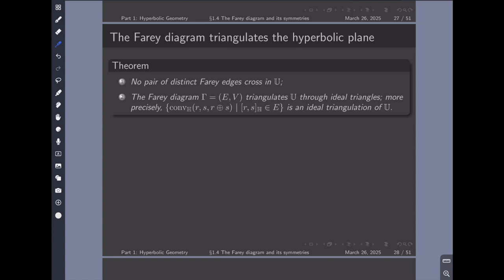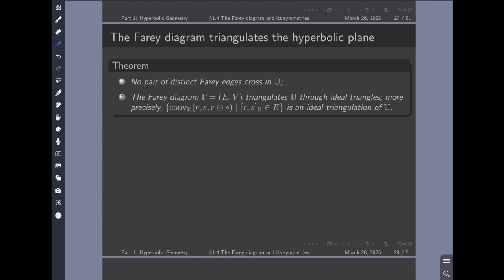So let me maybe argue why no pair of distinct edges cross in U. So let me think. One way to proceed is by induction on the construction of the Farey diagram. At the very beginning, when one only has the integers and infinity, one has these edges between consecutive integers.